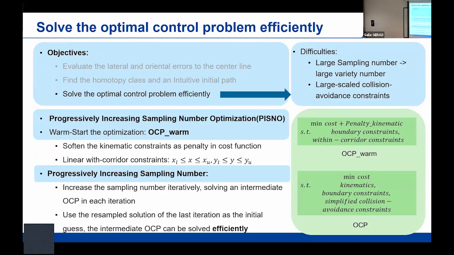So the question is how can we solve that efficiently? We use warm start techniques. In the first place, we set the boundary and kinematic constraints, which are very complicated nonlinear equality constraints, into the objective function. The delta t between samples, the sample rate, is relatively coarse.